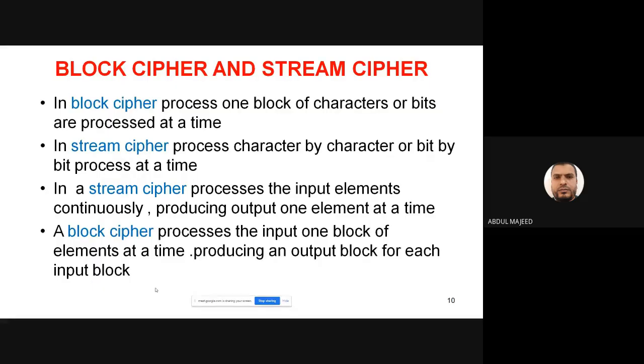Okay, and the size of the last block may vary. Suppose you are taking the block size as 10 characters. Each block will contain 10 characters, but in the last block you may have fewer than 10 characters. Suppose 52 characters are there. Then we need 6 blocks. The first block has 10 characters, second 10, third 10, fourth 10, and fifth also 10. But the sixth has only 2 characters.